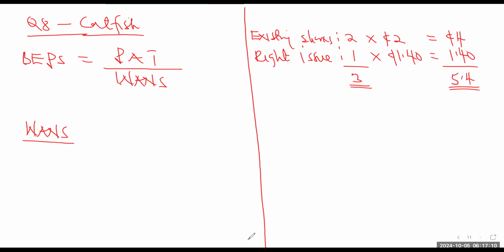Is that correct? Our theoretical ex-rights price will now be 5.4 divided by 3. What are we having? 1.8. So we are having 1.8.